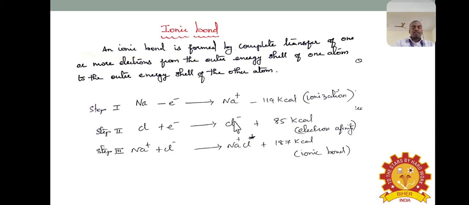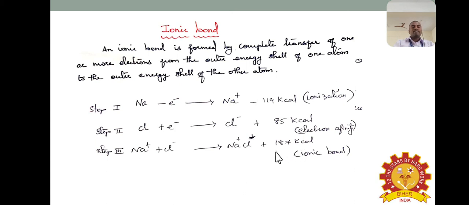The third step is the formation of an ionic bond between cation and anion. The anion and cation combine together to form an ionic compound. When they react together to form the ionic compound, they release some energy. That energy is called lattice energy.